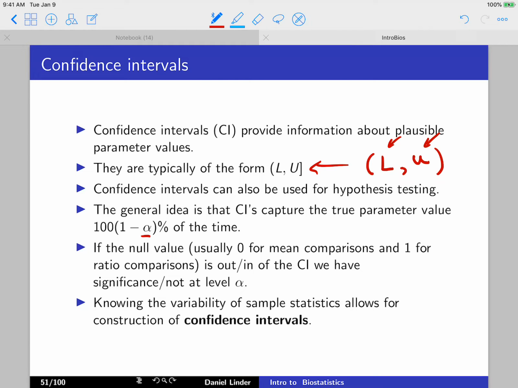So typically the null value is 0 when you're looking at comparing means, or 1 if you're comparing ratios, for instance risk ratio or odds ratio. If that is outside of the confidence interval, then you have a significant result. What that means is essentially that 0, or the null value, is not a plausible value for your parameter.